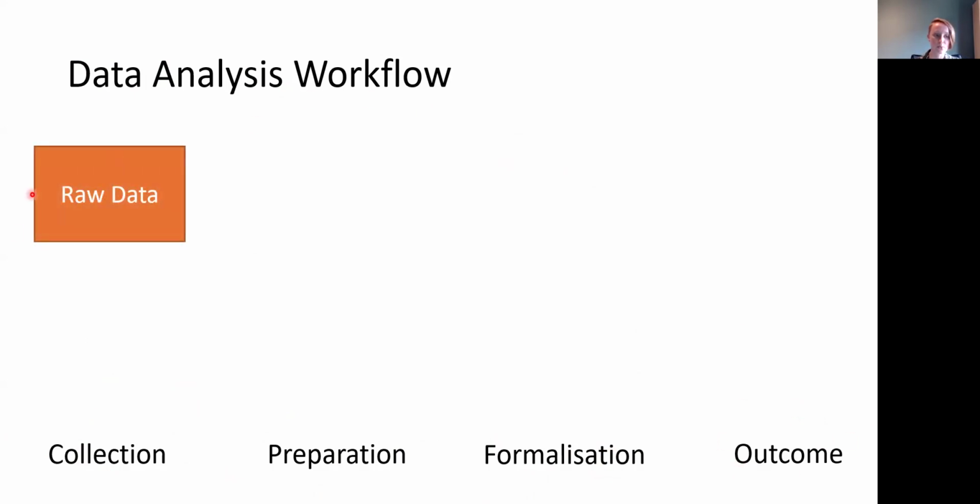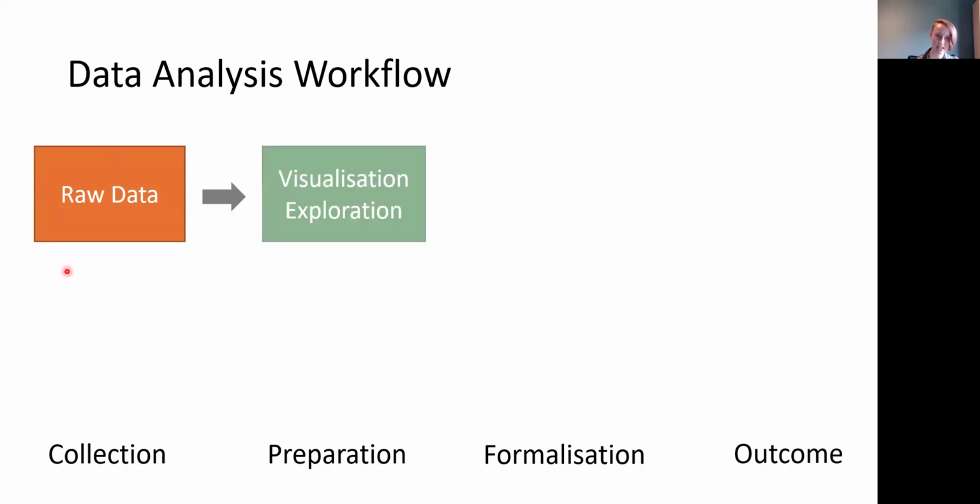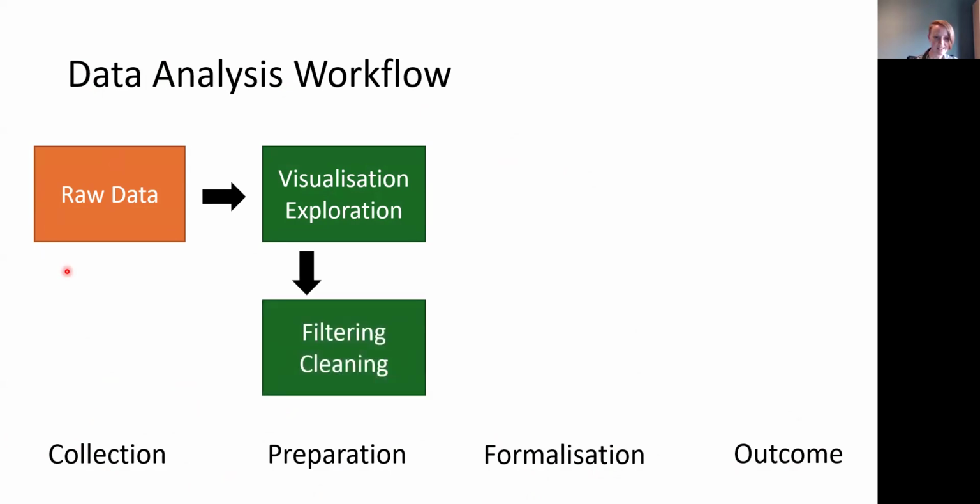So we'll start off with some kind of raw data, whatever it is that we've collected. We'll then visualize and explore our data to see how it's behaving, if there's anything strange going on, if there's anything we might need to do to it, any filtering or cleaning that we might need to apply.